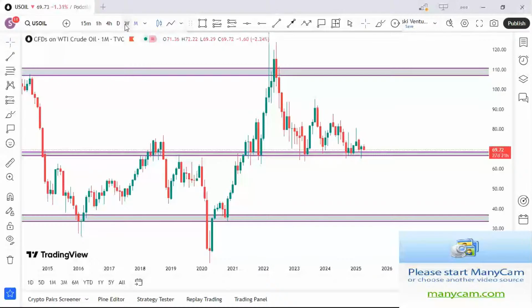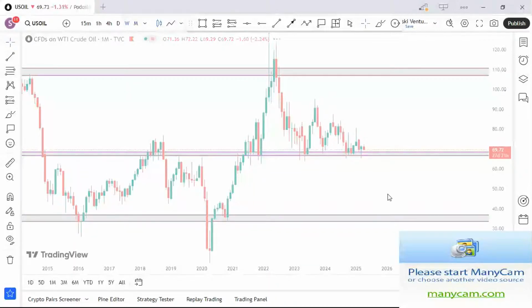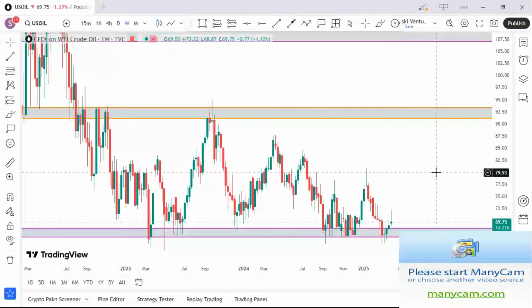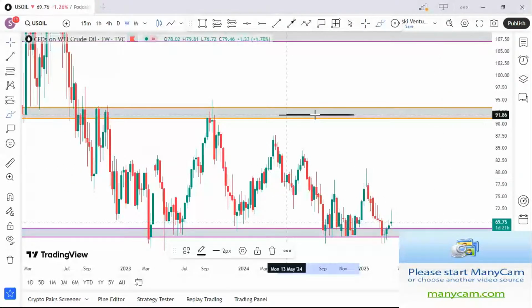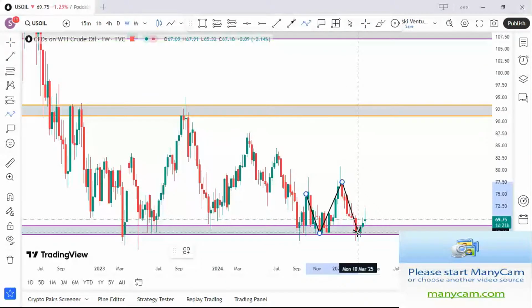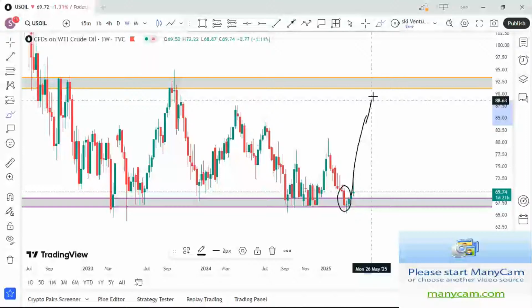So let's go to the weekly time frame and see what price is doing. On the weekly time frame, I have my weekly upper zone here on US oil. Like I said, on the monthly time frame, price needs to go to the upside.